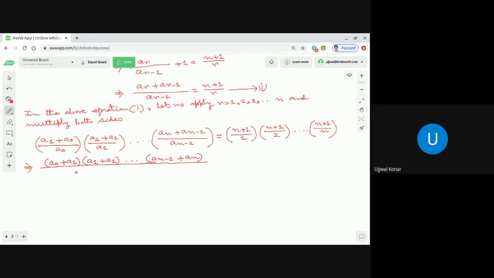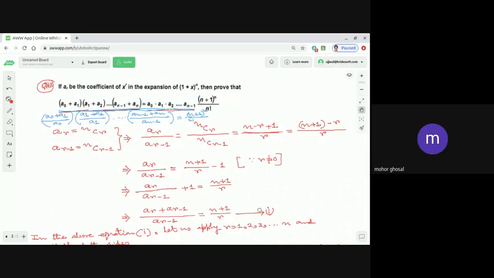In the denominator it will be a0, a1, a2, up to an minus 1. On the right hand side, dear students, n plus 1 in the numerator has been multiplied n times, so it is n plus 1 power n, divided by 1 into 2 into 3 up to n, which is n factorial. And we almost achieved this result.